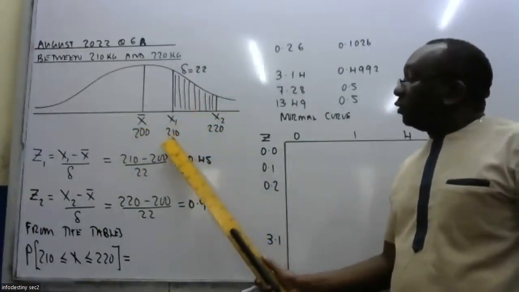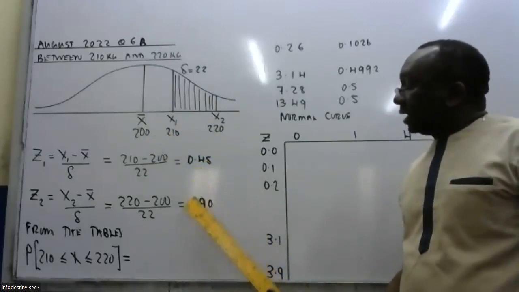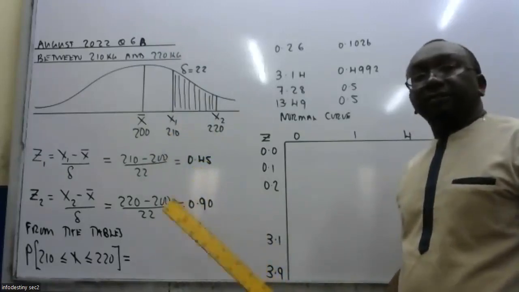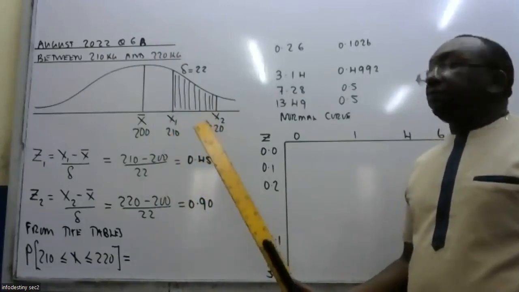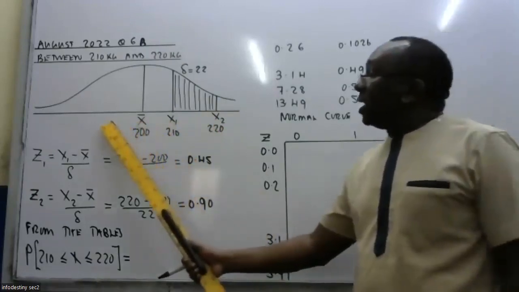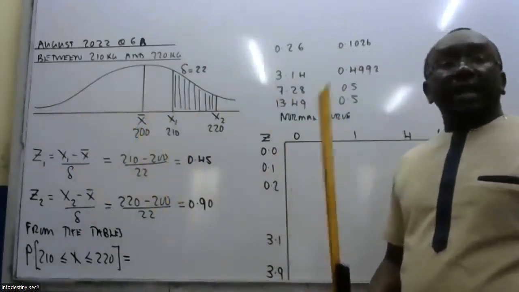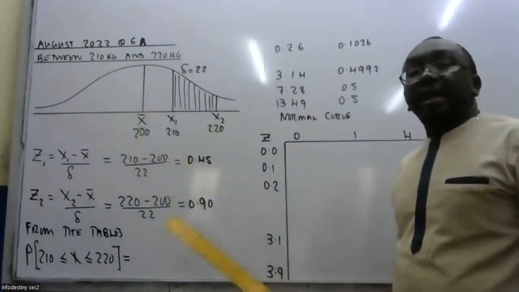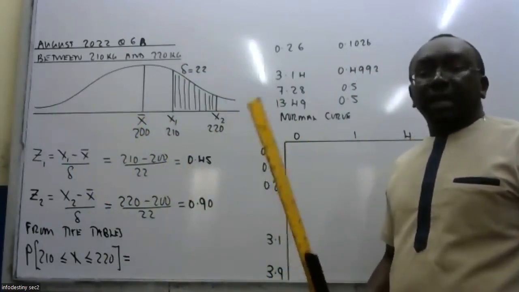Like now, this is bigger than this, the same case here, and consequently, the answers here were positive. But if your x's are on the lower side of the x bar, then you will get values of z which are negative.